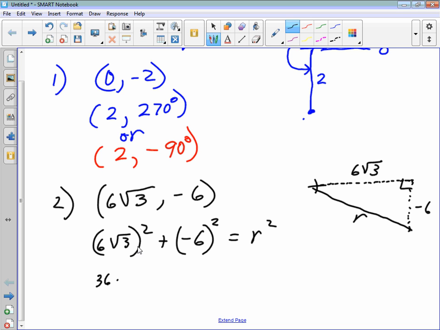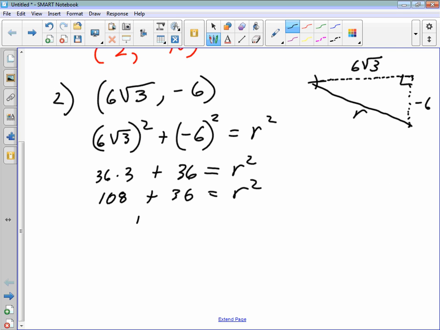No calculator needed there. 3 plus (-6) times (-6) is 36, equals r squared. 36 times 3 is 108, plus 36 equals r squared. 144 equals r squared. So r equals plus and minus 12. In this case, it's positive because it's a distance.